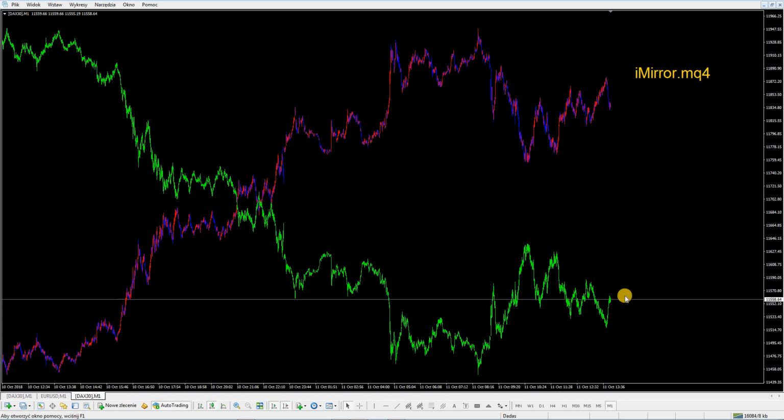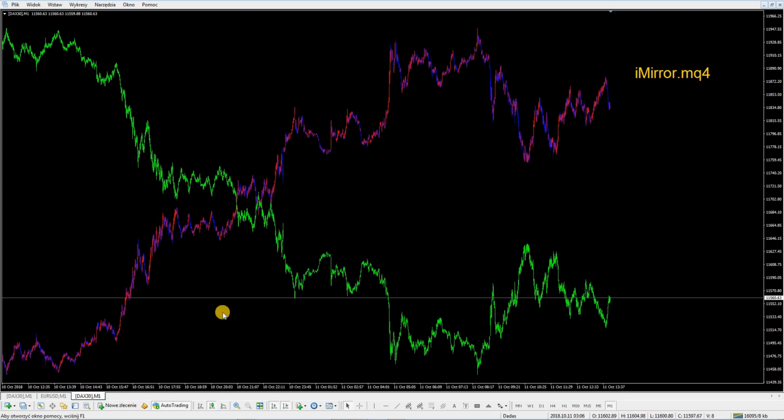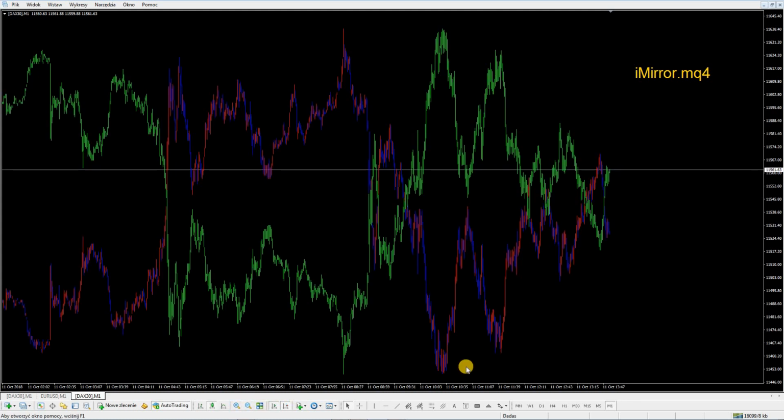In other words, perhaps it has a tendency to meet up again and cross each other, right? But as we zoom in, we get a different picture.